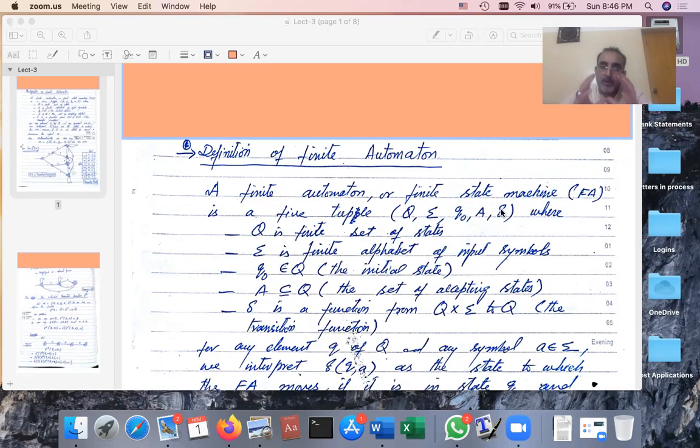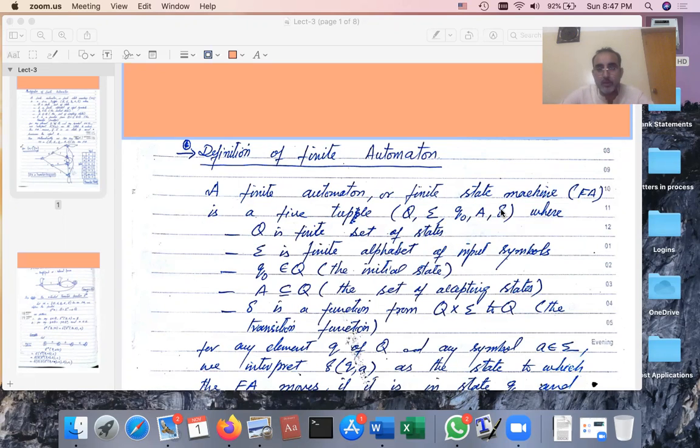That's why we will represent those finite set of states with Q. And then sigma, you already know what sigma is. Sigma is a finite alphabet set, and that set will contain some input symbols that we can use to build different strings according to the language.